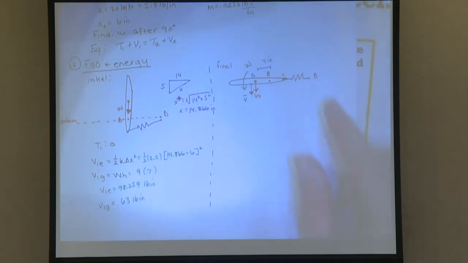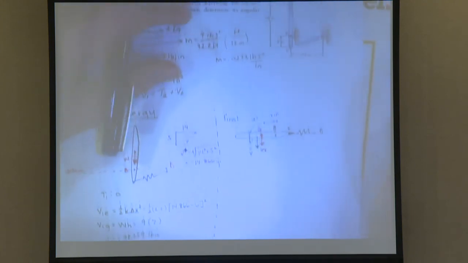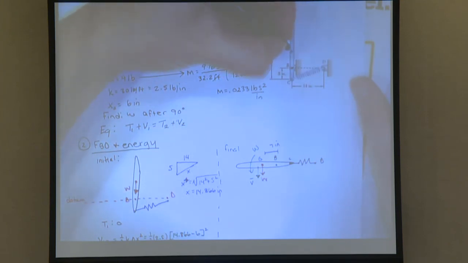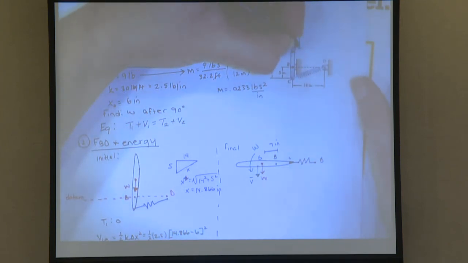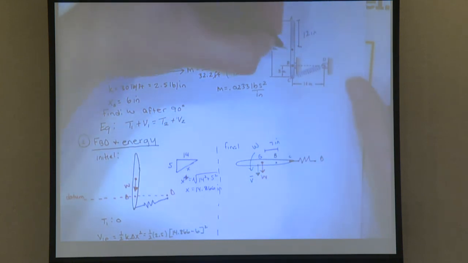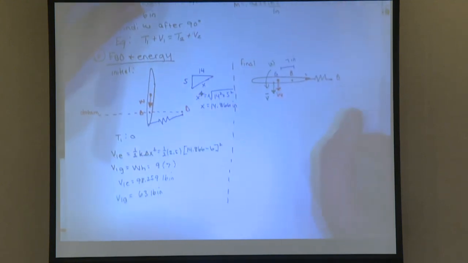And I got that because the rod AC, you don't see what I'm pointing at, the rod AC is 24 inches. So that means G is going to be at the center, which is 12 inches. Then the distance from G to B is going to equal 12 minus 5, so 7.